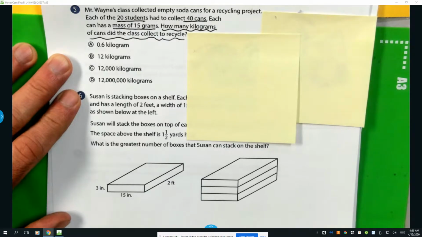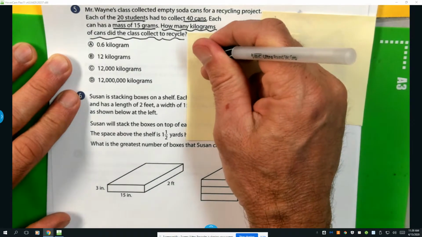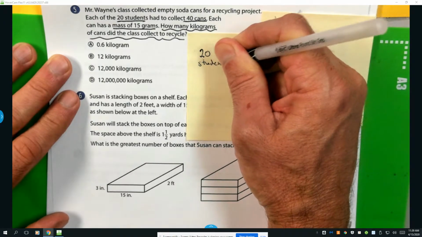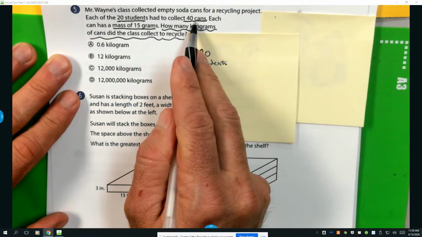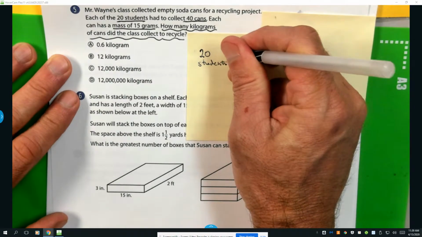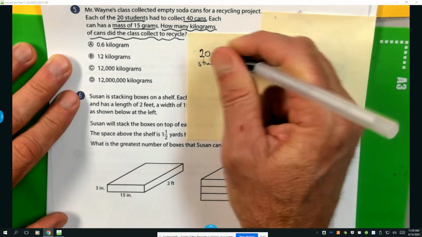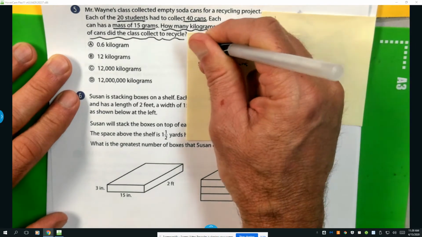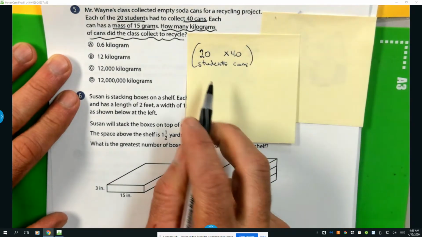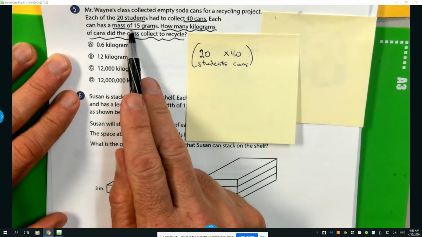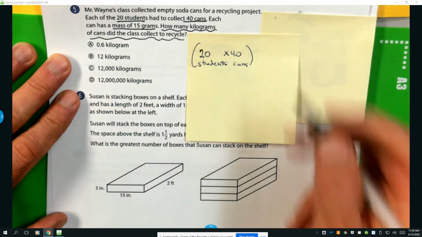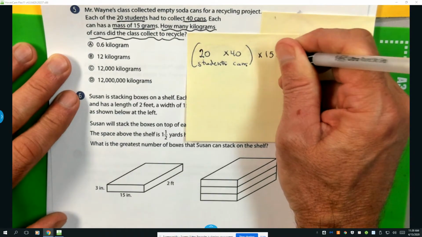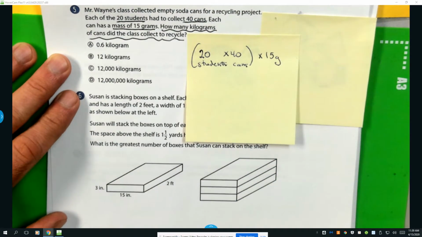All right, so if I had 20 students and each of them had to collect 40 cans, we're talking about 20 times 40. 20 students times 40 cans. Okay, now each can has a mass of 15 grams times 15 grams.